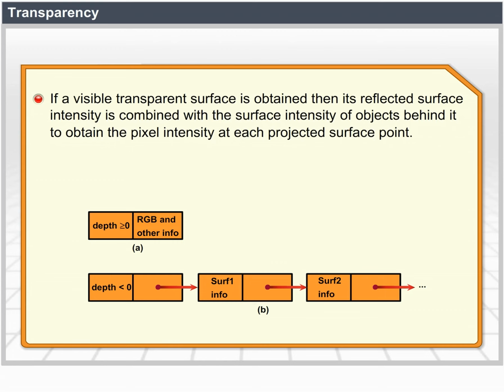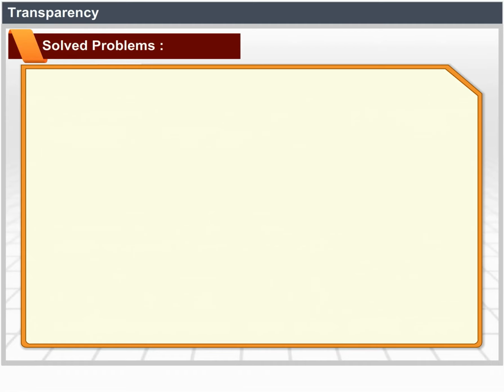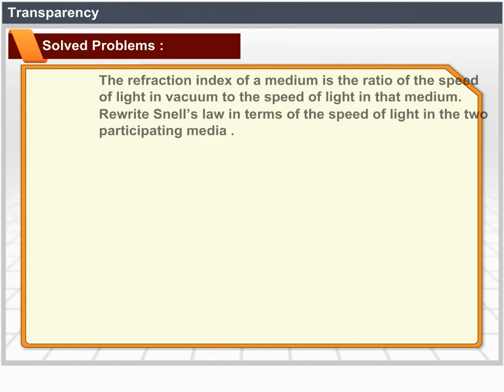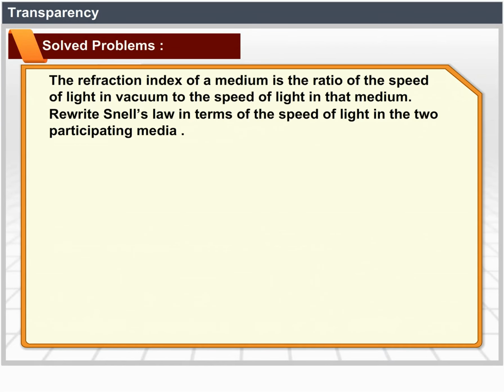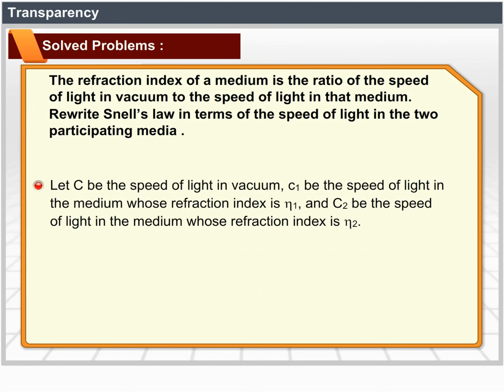Solved problems. The refraction index of a medium is a ratio of the speed of light in vacuum to the speed of light in that medium. Rewrite Snell's law in terms of the speed of light in the two participating media. Let C be the speed of light in vacuum, C1 be the speed of light in the medium whose refraction index is eta 1, and C2 be the speed of light in the medium whose refraction index is eta 2.